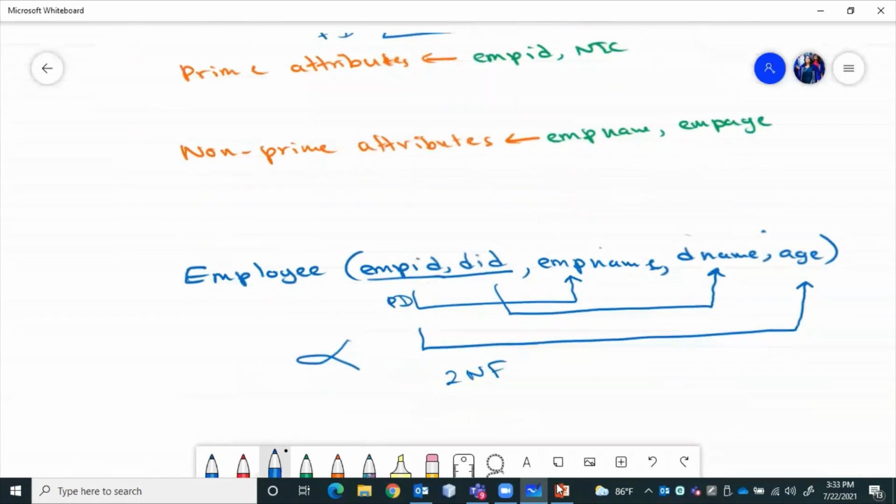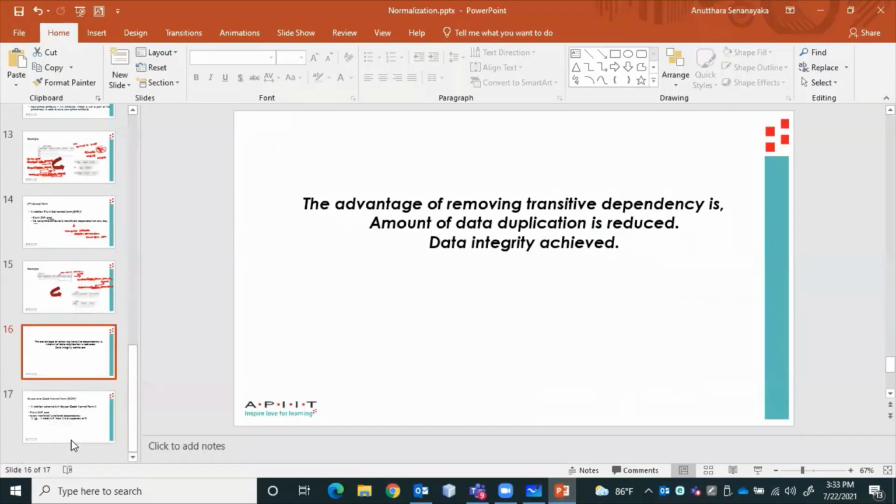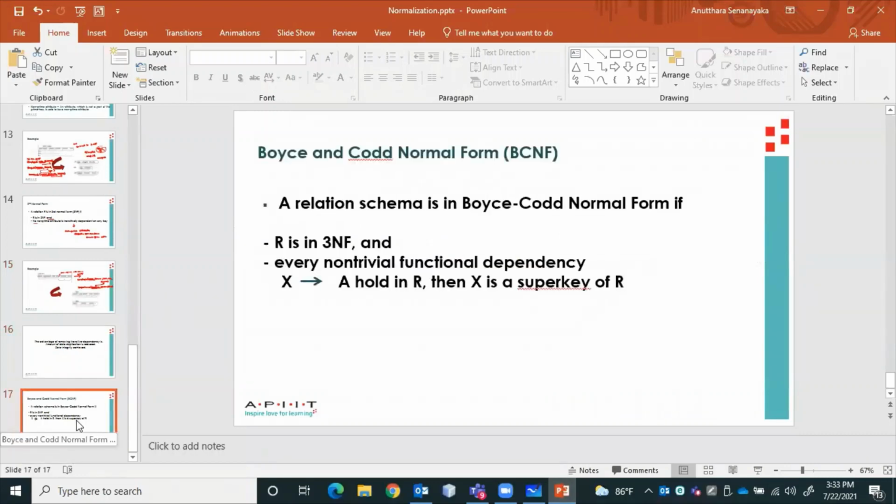So Boyce-Codd is not a very big thing. If you have done all the normalization rules, that means up to the third normal form, then automatically you have achieved the Boyce-Codd normal form. Let's read this.